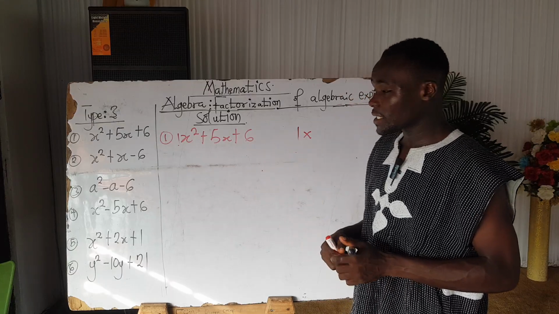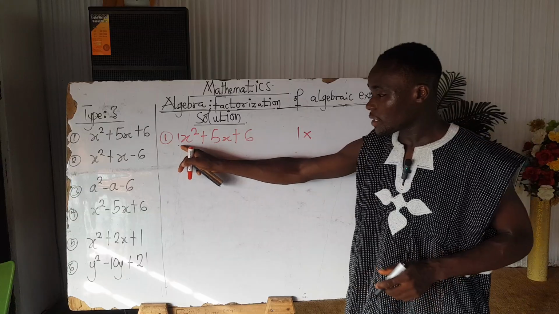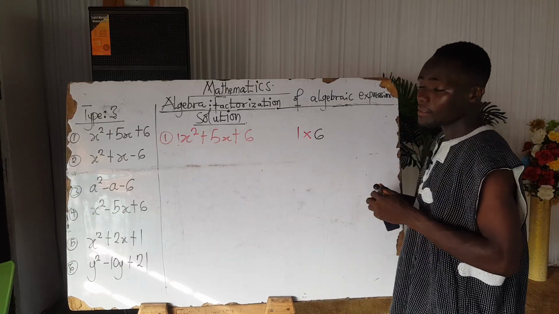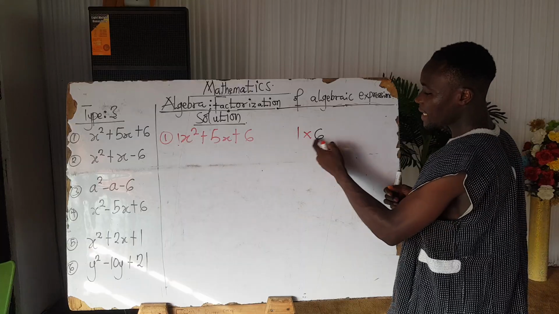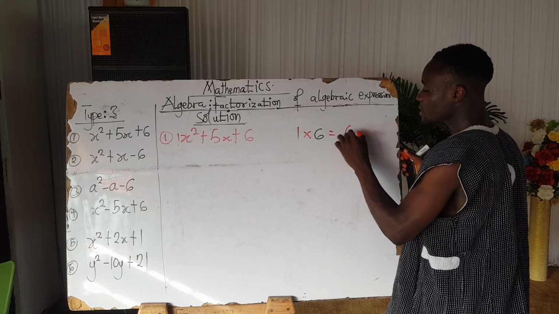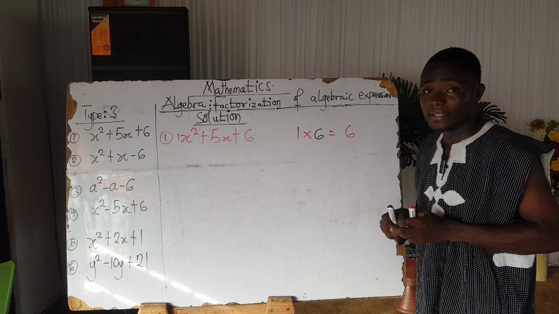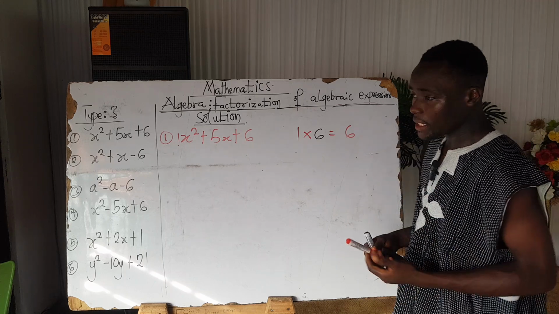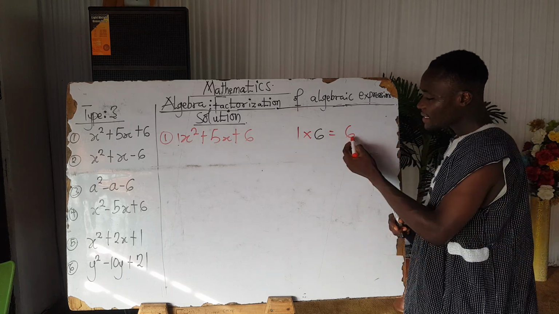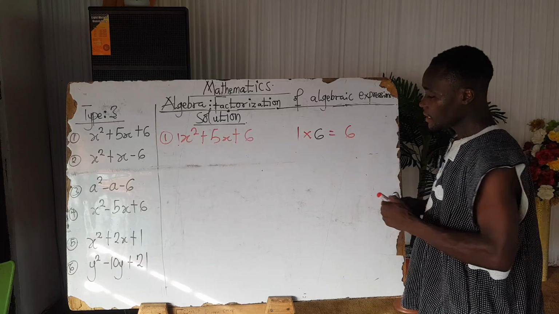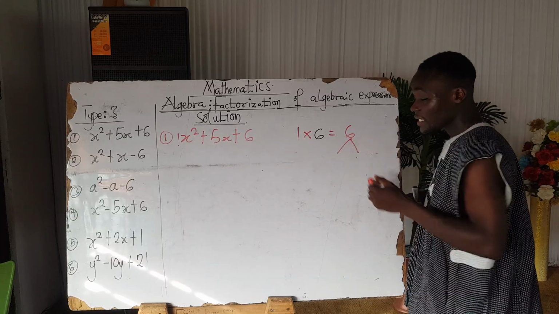So I'm going to use the coefficient of the variable squared, which is 1, to multiply the constant, which is 6. Multiplying this by this, I am going to get what? 6. I believe you are following. Very good. So I'm getting 6 as my answer. Now my next approach is to find the factors of this answer, the factors of the number 6.